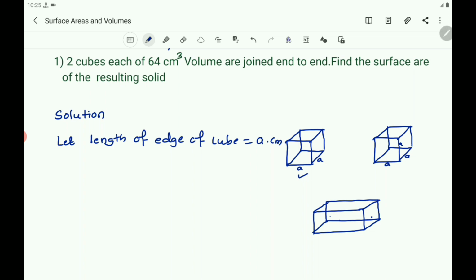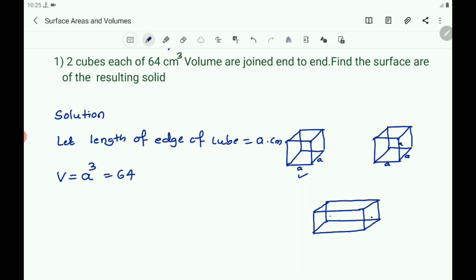You know the formula to find the volume of a cube is V equals A cube, that equals what is given, 64. So A cube equals 64.